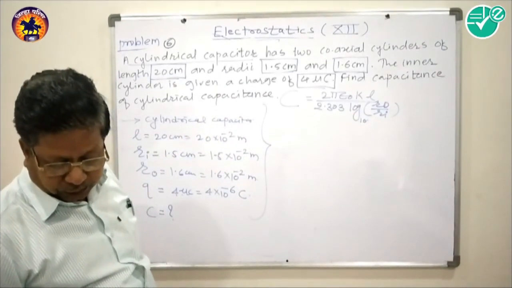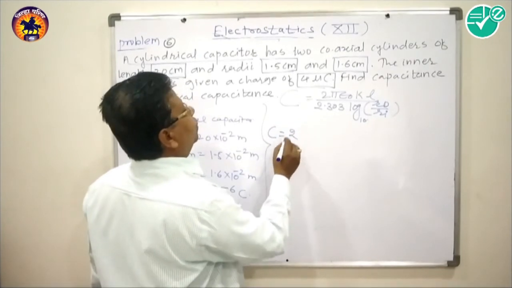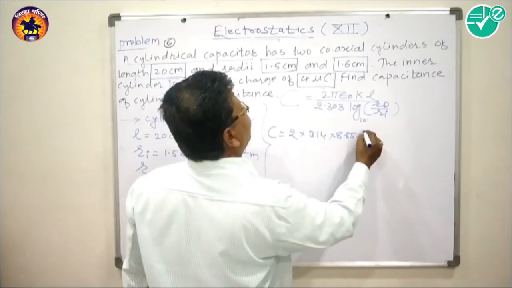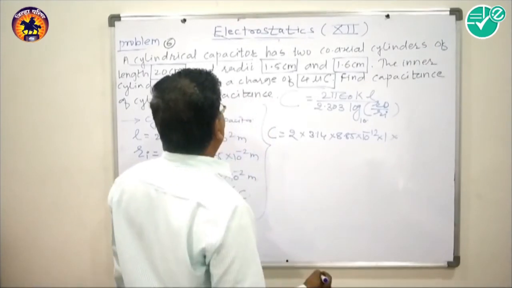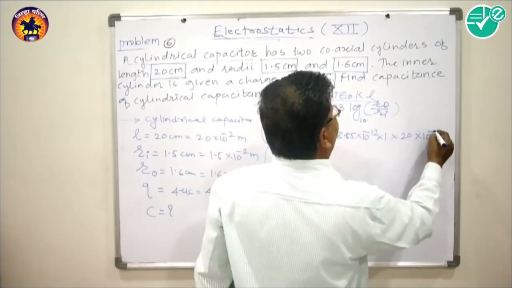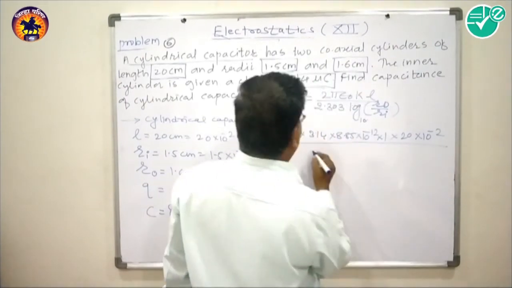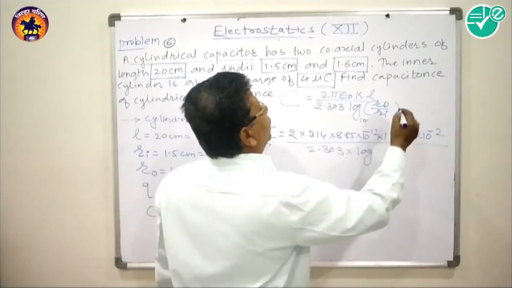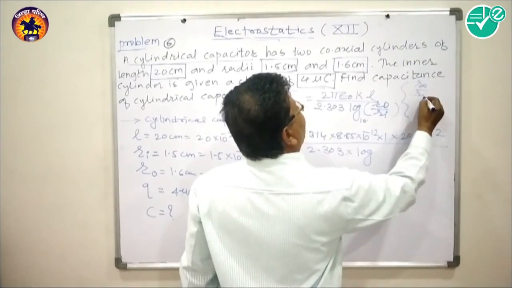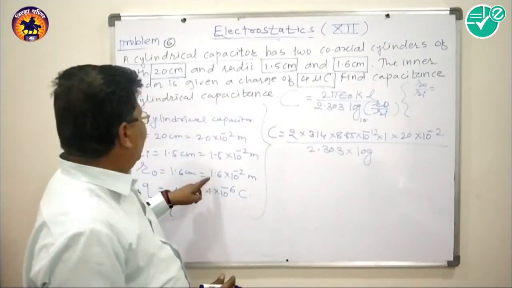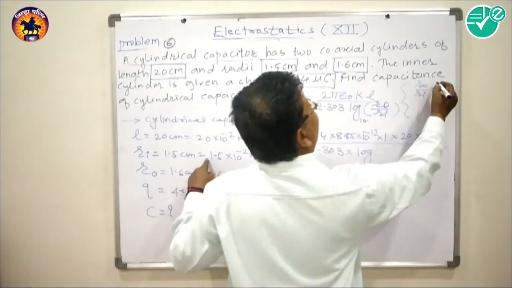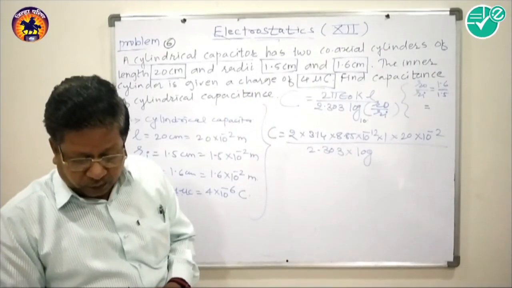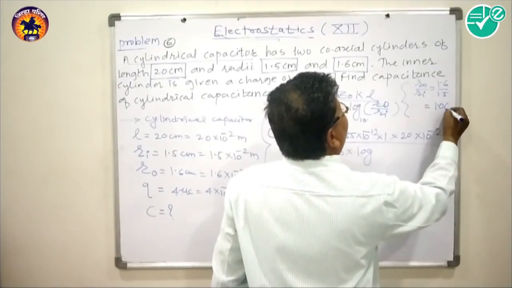Now, if we substitute the values, C is equal to 2 into pi, 3.14, into epsilon 0, 8.85 into 10 to the power minus 12, K is 1, into length 20 into 10 to the power minus 2, and whole divided by 2.303 into log of, so here Ro upon Ri is nothing but 1.6 divided by 1.5, and this ratio comes out to be 1.066.